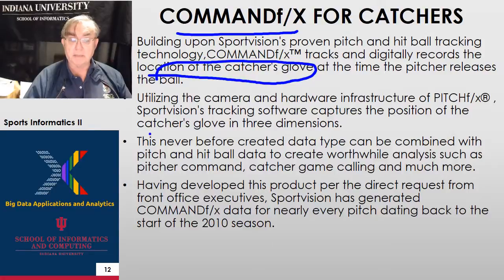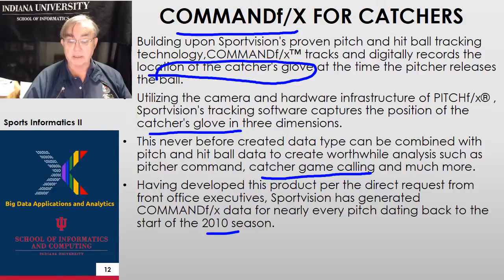And so you can basically track the glove in 3 dimensions, and you can convert that into the way the catcher is calling the game, calling the types of pitches and things like that. And look at this, this is pretty interesting.